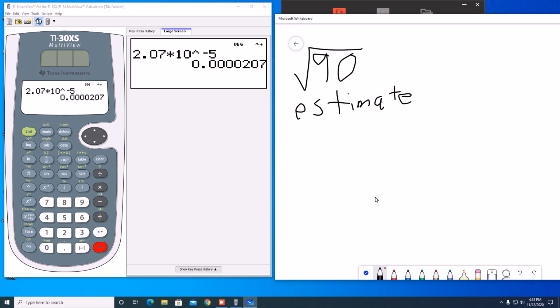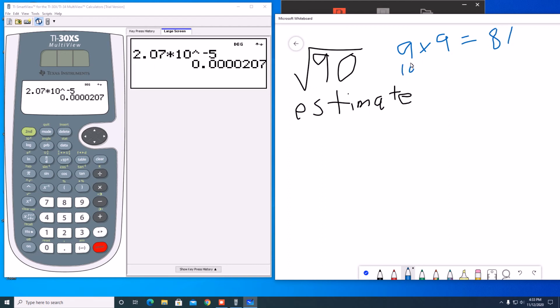So when I get a question like this, 90 isn't a perfect square. That means that there isn't a number times itself that gives me 90. So I need to think of two numbers that are perfect squares that 90 falls between. So I know that 9 times 9 gives me 81.